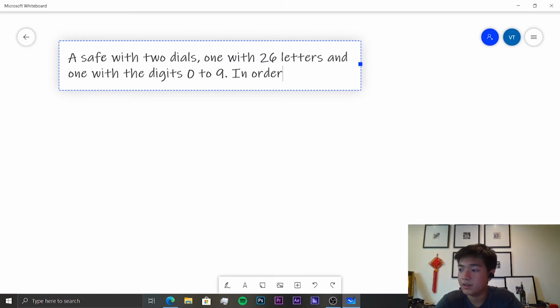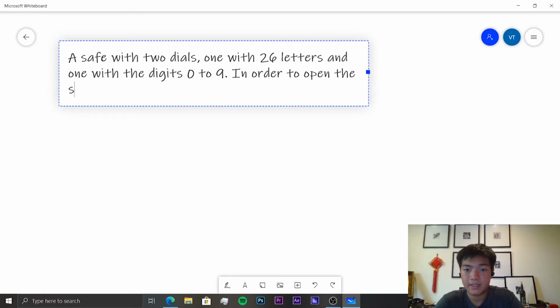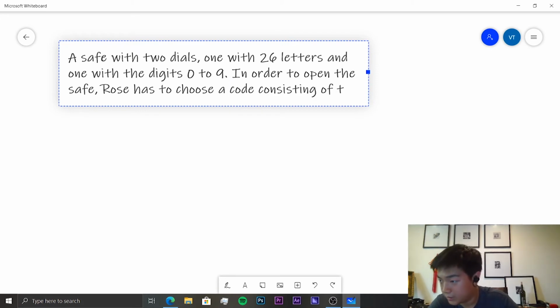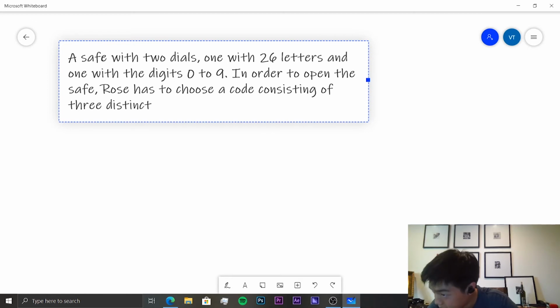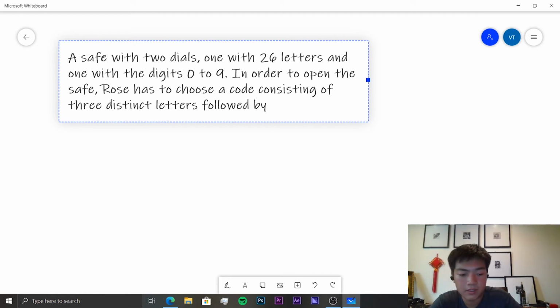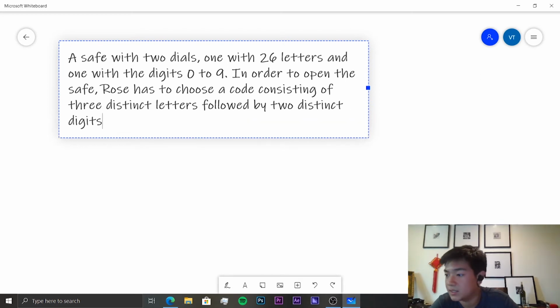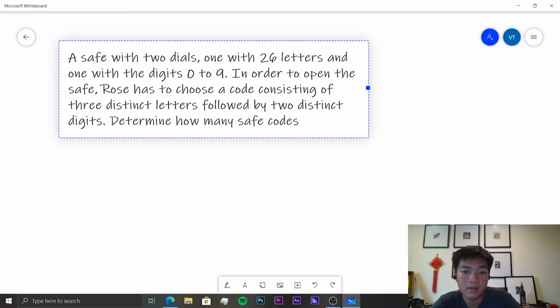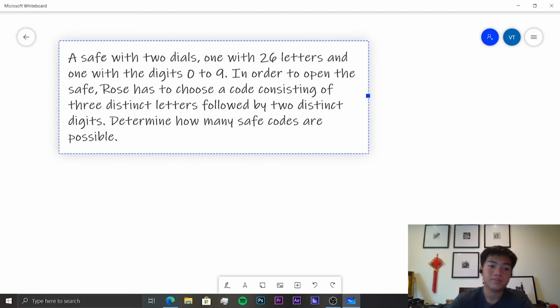In order to open the safe, Rose has to choose a code consisting of 3 distinct letters followed by 2 distinct digits. Determine how many safe codes are possible.